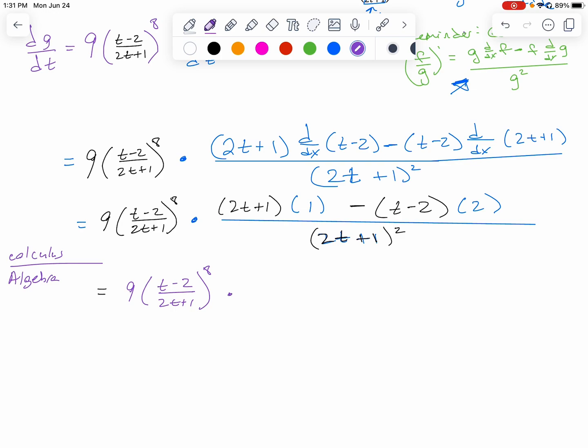Distribute the 1's and the 2's, so I get 2t plus 1 minus, distributing the 2 and the negative at the same time. So distributing a negative 2, I get negative 2t plus 4. All of that over 2t plus 1. I can simplify the numerator a little bit more.